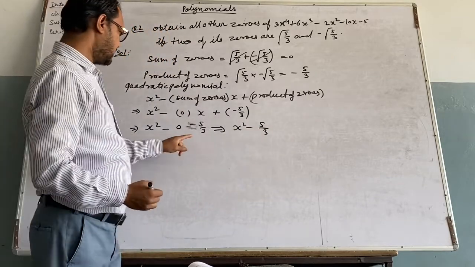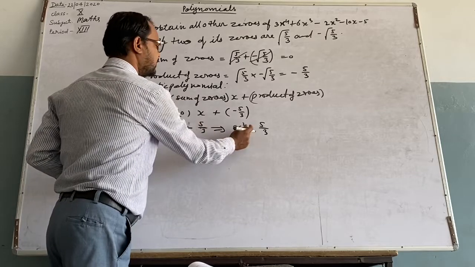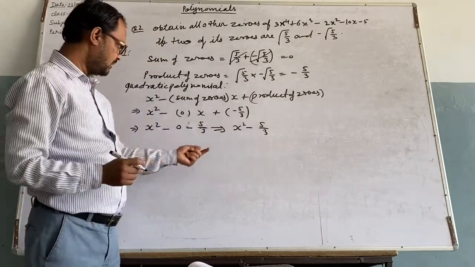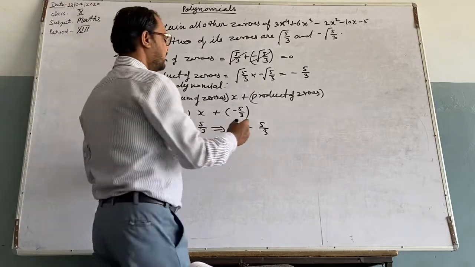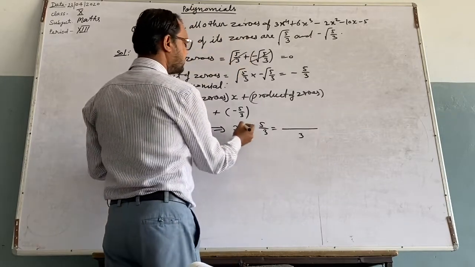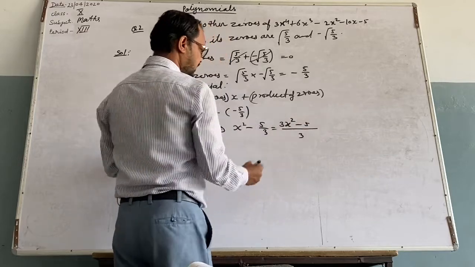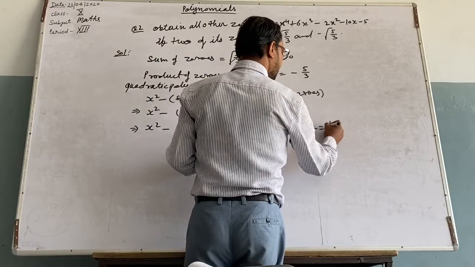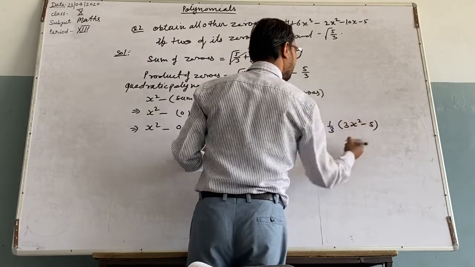Right? Always try to write this minus in front of the denominator, you will not get confused. Now you can simplify it more by taking LCM 3, and this will be 3x square minus 5, which can be written as 1 upon 3 into 3x square minus 5.